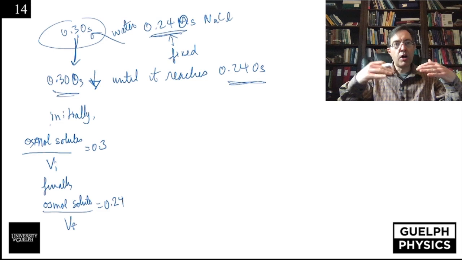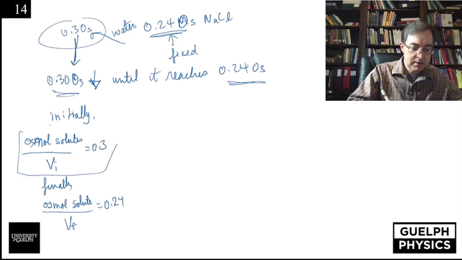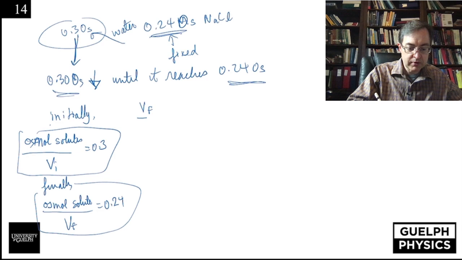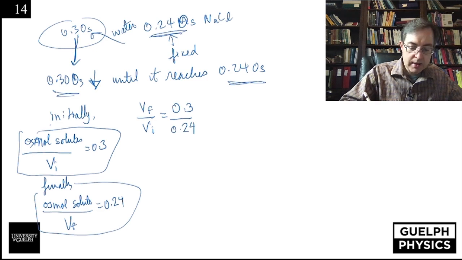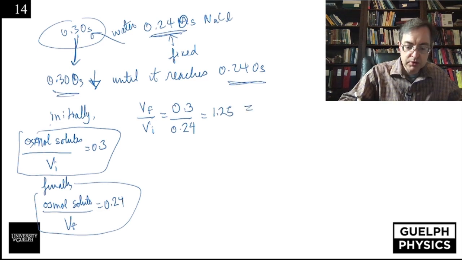And as I said, the osmoles of solute inside the cell don't change. And so if you take a ratio of this divided by this, you'll get an expression for VF divided by VI, which is just 0.3 divided by 0.24, okay? And that works out to 1.25. So VF is 1.25 times VI, or this works out to a 25% increase in the cell volume as it swells.